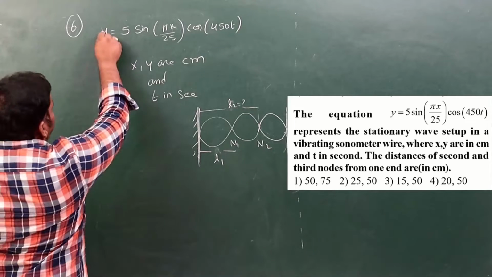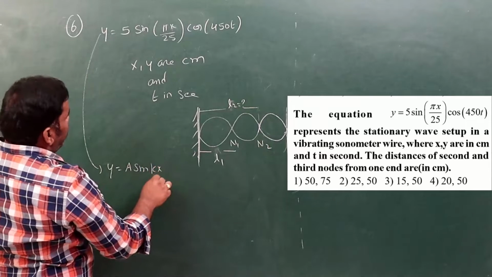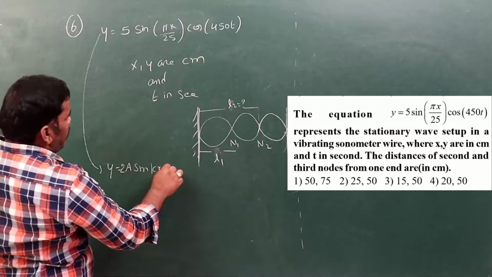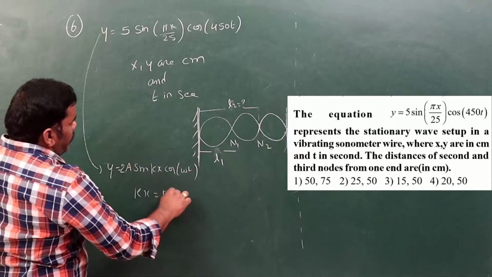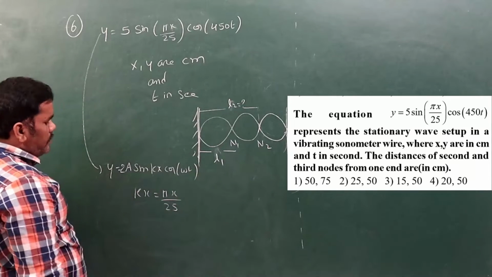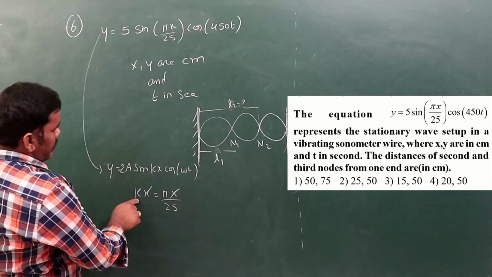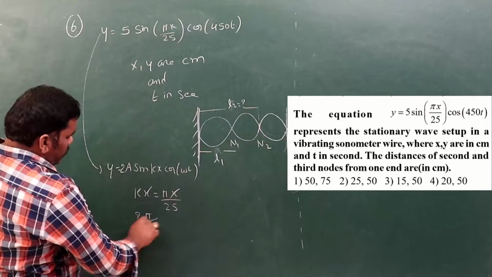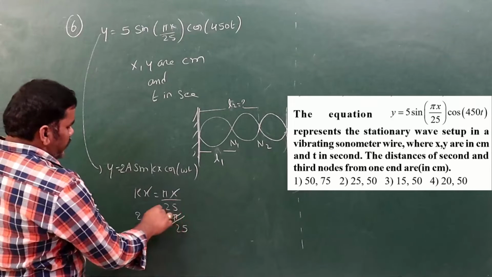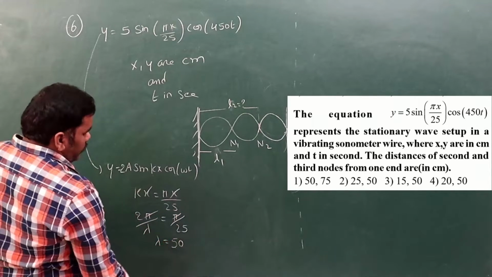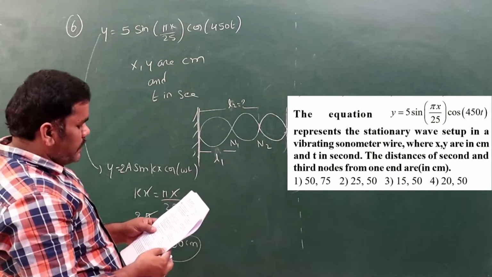Comparing with y is equal to 2a sin kx cos omega t, kx is equal to pi x by 25. x gets cancelled, so k is equal to 2 pi by lambda is equal to pi by 25. Pi gets cancelled, so lambda is equal to 50 centimeters.